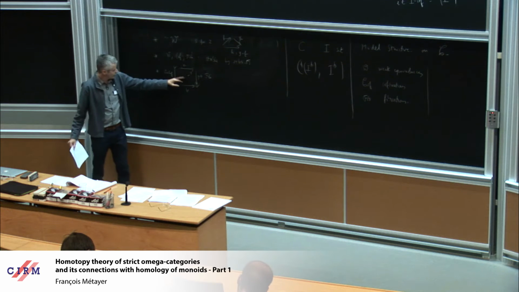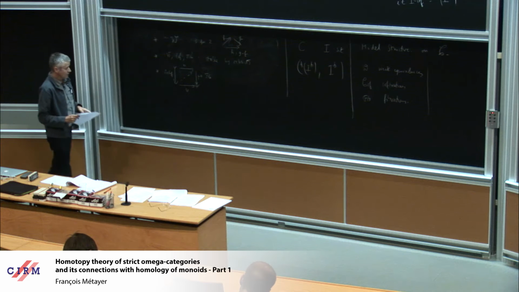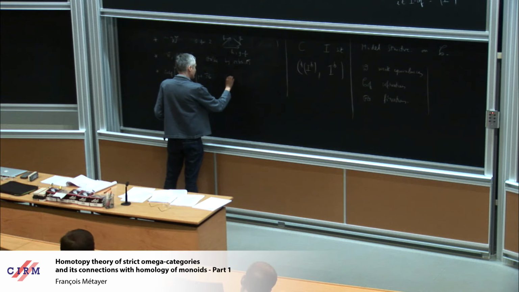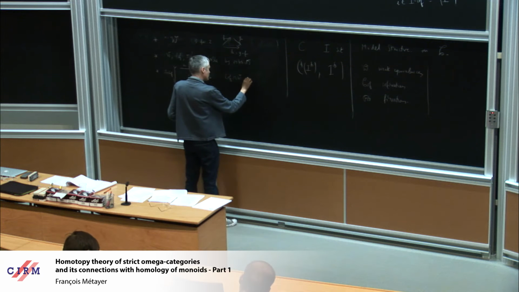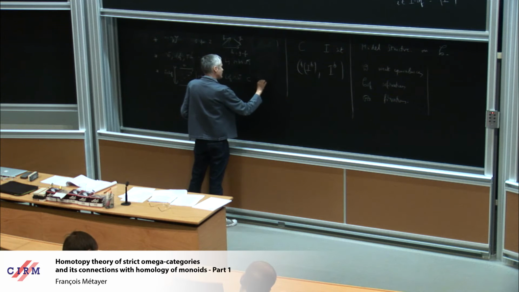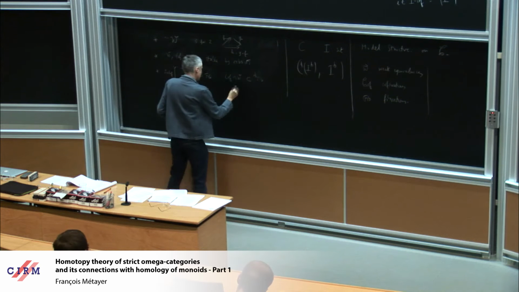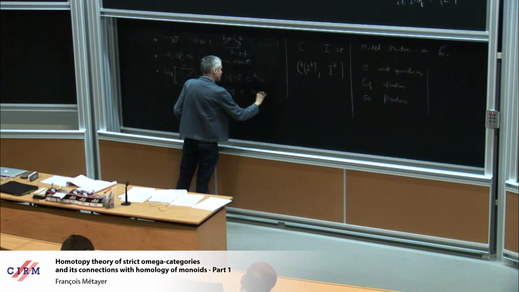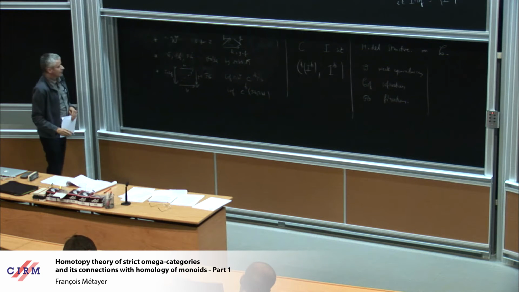And dually, if this one is a weak equivalence, then there's also a lift. So that means simply that cof intersected with W belongs to fib left, and cof belongs to fib intersected with W left.